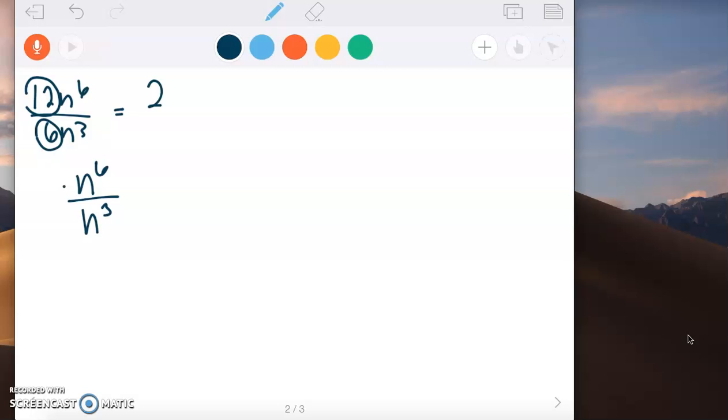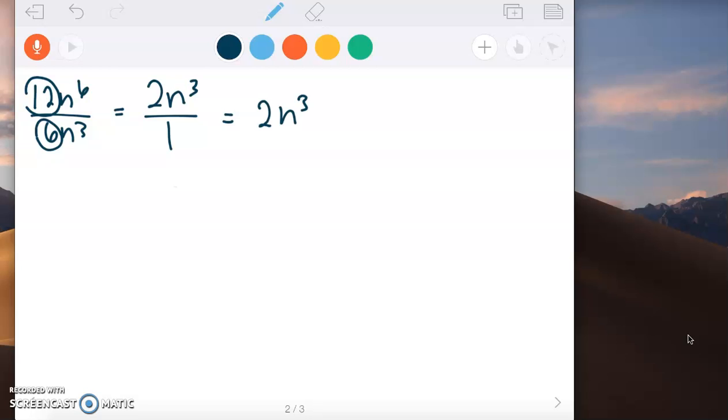But since we have an n and an n, in dividing you subtract the exponents. So this is the same thing as n to the 3rd, because 6 minus 3 is a positive 3. So that's n to the 3rd over 1. That means that 12n to the 6th over 6n to the 3rd is 2n to the 3rd over 1, which is the same thing as 2n to the 3rd.